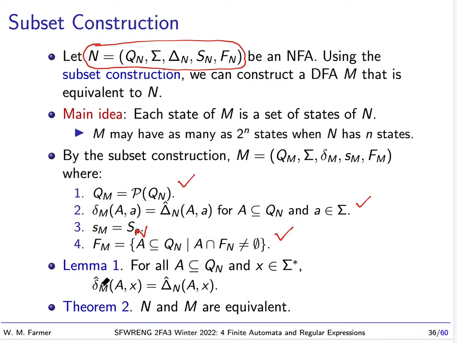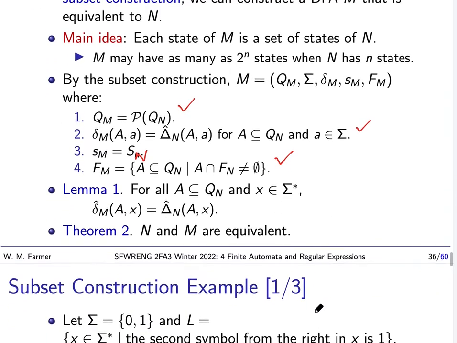So little delta goes for our machine M, and big delta goes for our machine N. And there's a theorem, which is fairly easy to prove, that M and N are going to be equivalent.